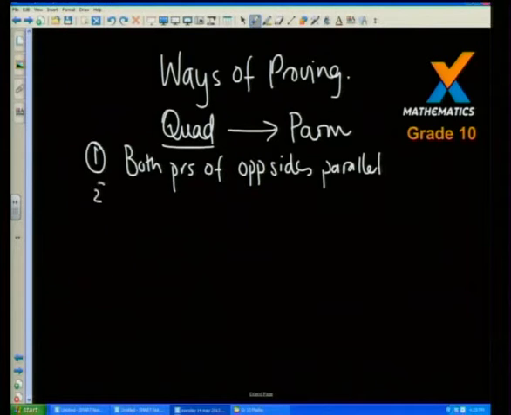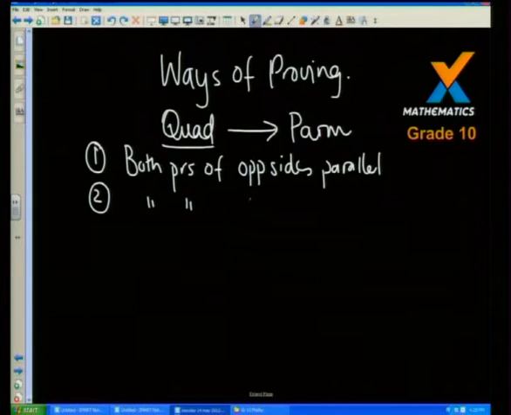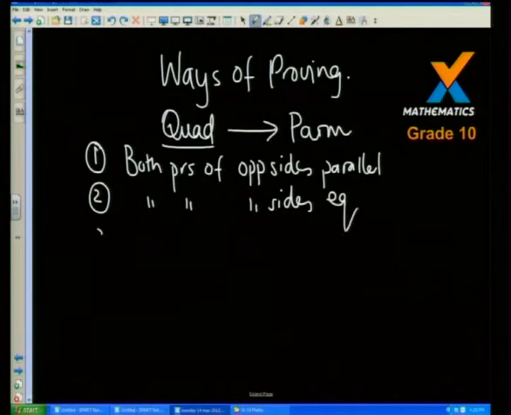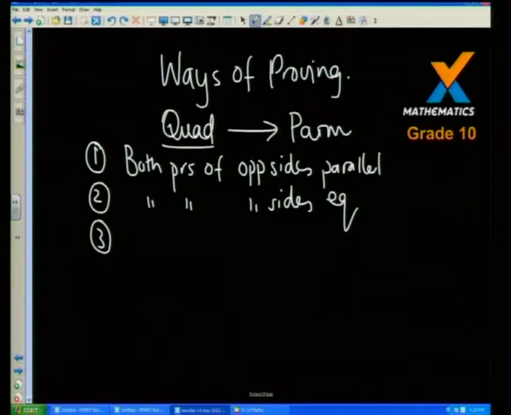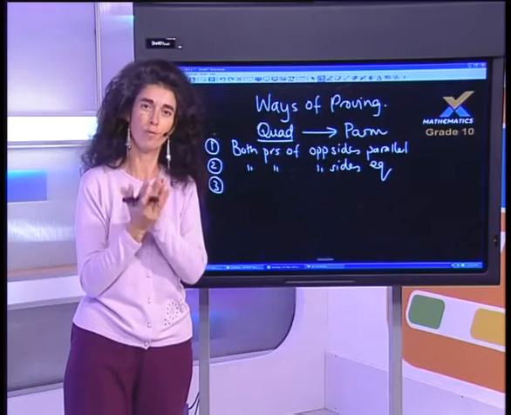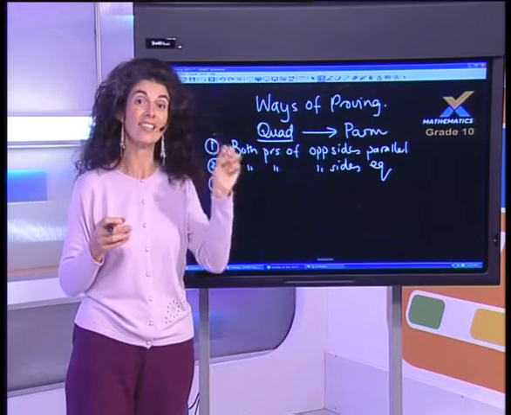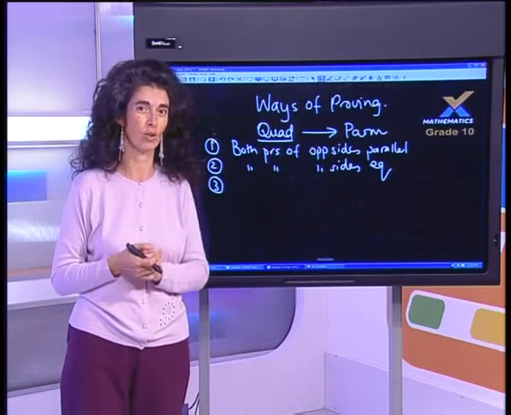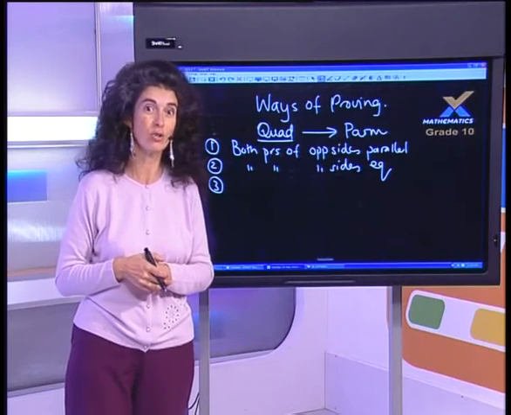We could also prove that both pairs of opposite sides are equal. And here's a really unique way of proving a parallelogram which doesn't come from its properties, but it's one of the ways of proving a quad is a parallelogram. It's a very useful one.